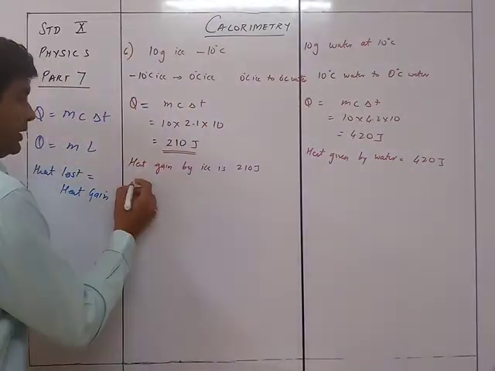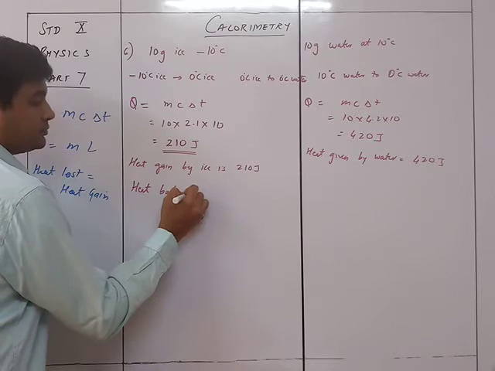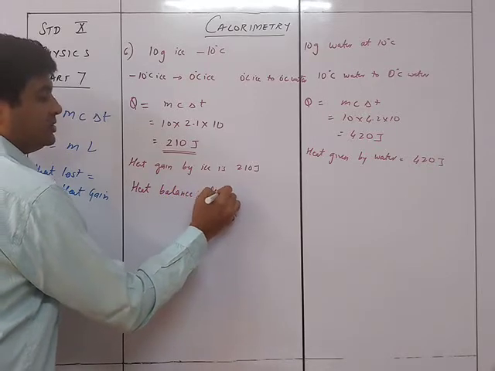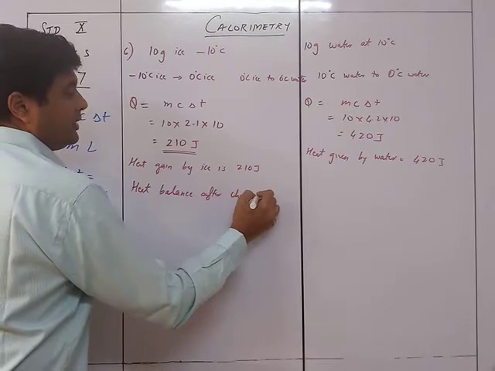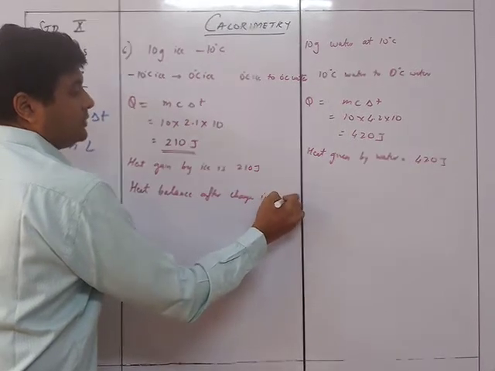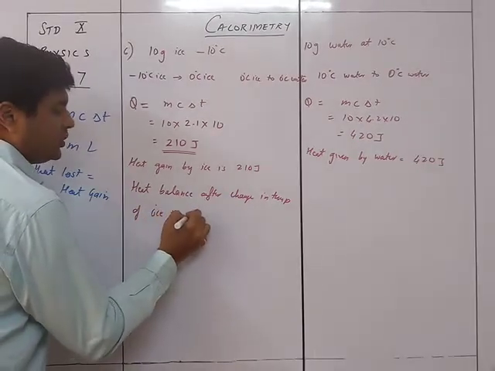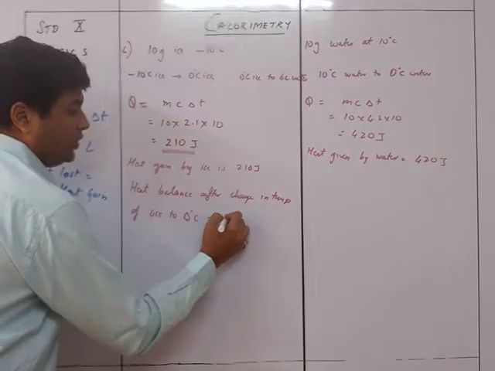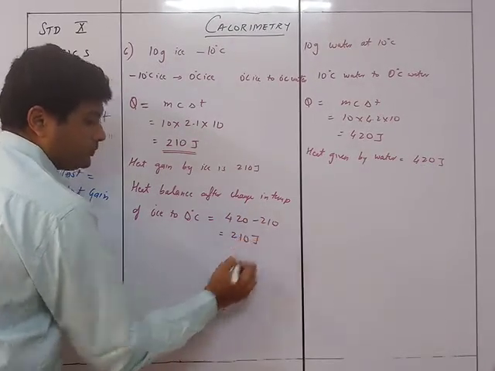Okay, so the heat balance after the change in temperature of ice to 0 degree Celsius is equal to 420 minus 210, which is 210 joule.